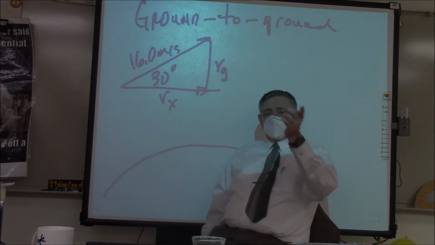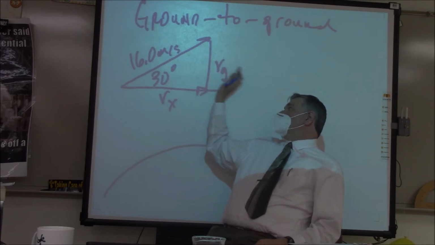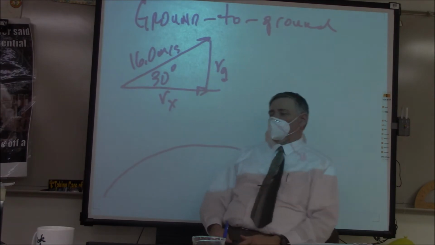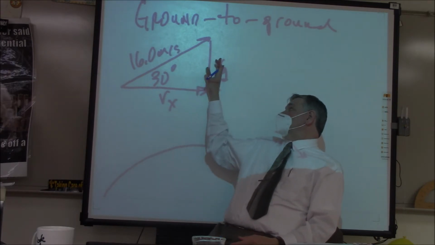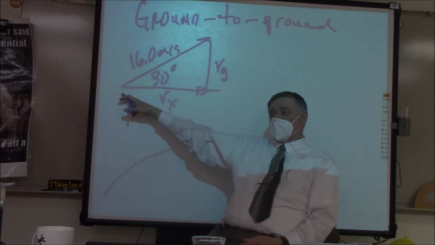So, Matt, Mr. Calculator, how are we going to find the vertical component of that velocity? Are we going to use sine, cosine, or tangent? I'm trying to find the side opposite, and I know the hypotenuse. So, beautiful.